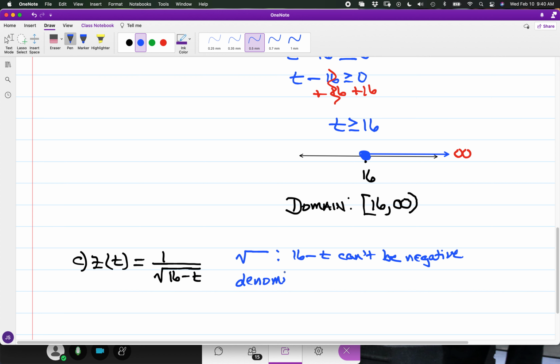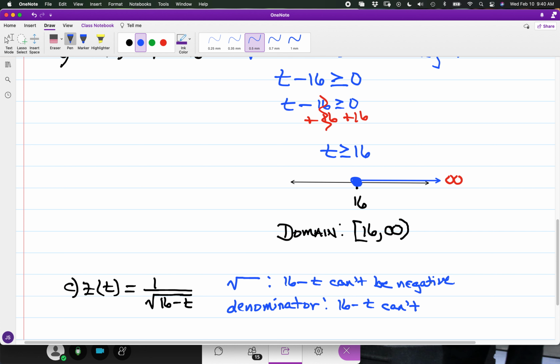So for a radical to be defined in the square root, you cannot have the expression be negative, and for a fraction, the denominator cannot be 0. So 16 minus t not only cannot be negative, but it also cannot be 0.